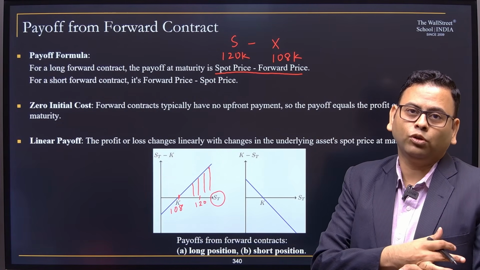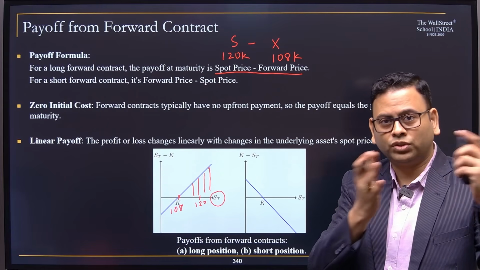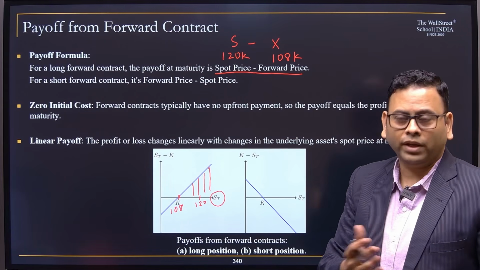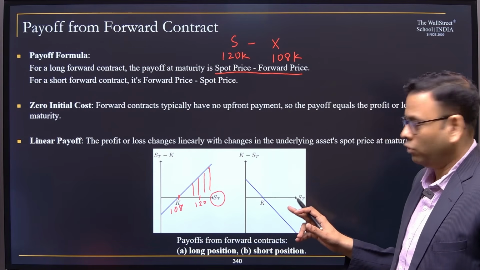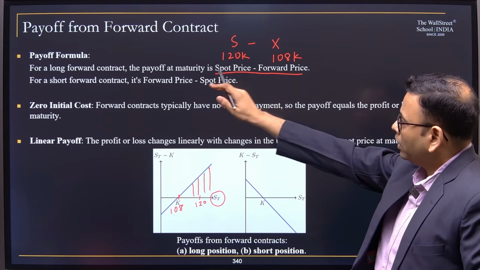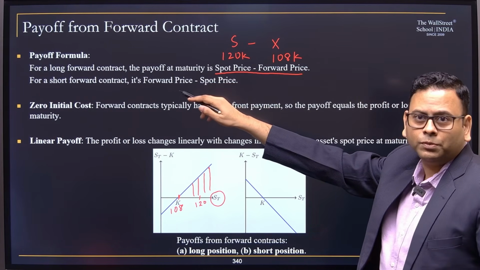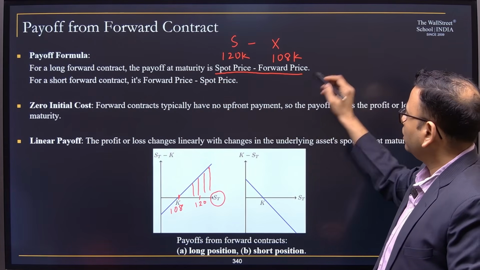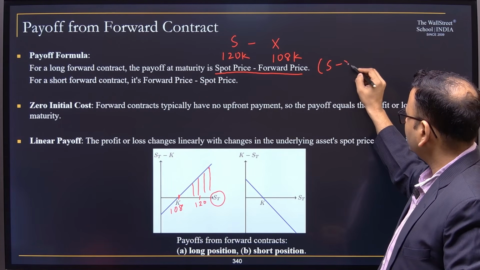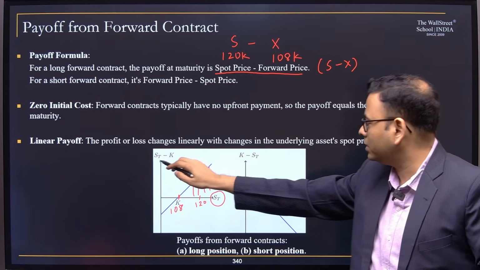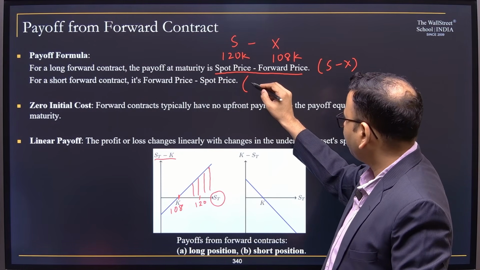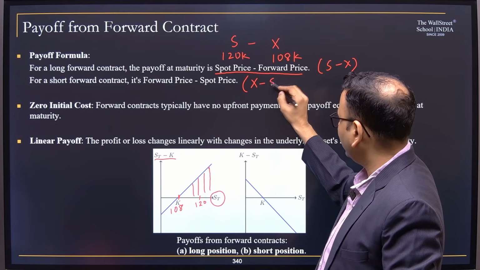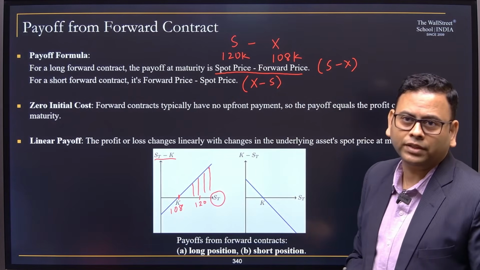So, my profit is going to be 12,000, but if it goes down, the same would be my loss, and the opposite would be true for the seller of a forward contract. That is why for a person who is long, which means who has bought the forward contract, the payoff is S minus X, and for the person who has sold the forward contract, it is X minus S. That is the payoff.